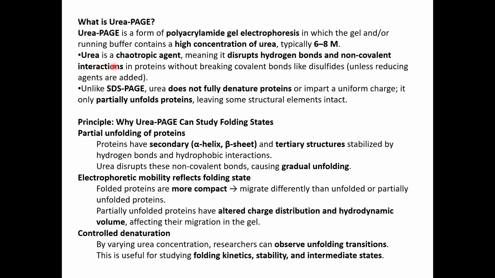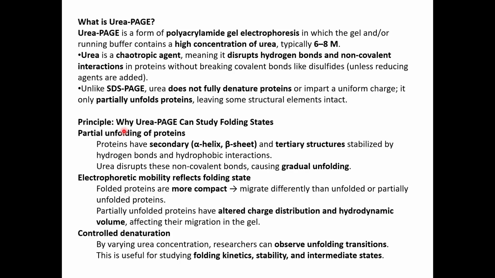Urea is a chaotropic agent, meaning it disrupts hydrogen bonds and non-covalent interactions in proteins, without breaking covalent bonds like disulfides, unless reducing agents are added. Unlike SDS-PAGE, urea does not fully denature the proteins or impart uniform charge. It only partially unfolds the proteins, so it leaves some of the structural elements intact.